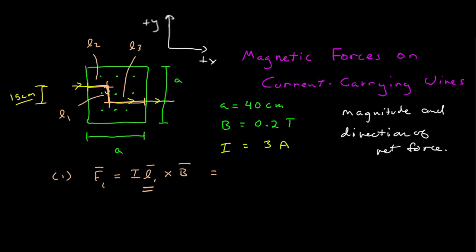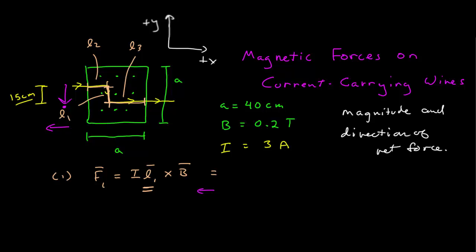If I take my right hand and point it down in the direction of the current, and then flip my fingers up out of the page, I find my thumb is pointing in the negative x direction. So down and then up out of the page, my thumb is pointing to the left.